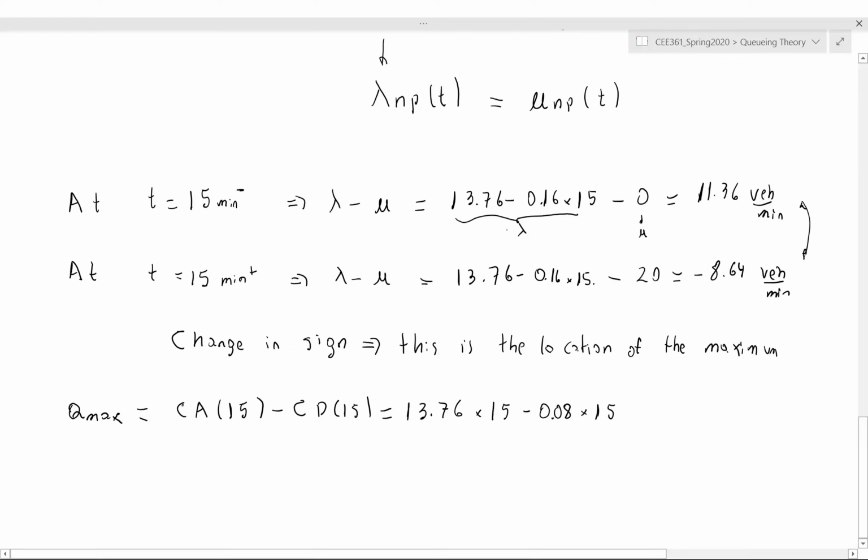Remember, here we were talking about the rate, here we're talking about the cumulative arrivals, which is a different function, right? It's the integral of the rate. Minus 0, which was the cumulative departures, and we get that maximum Q length is equal to 188.4 vehicles, and you can make that approximately 188.